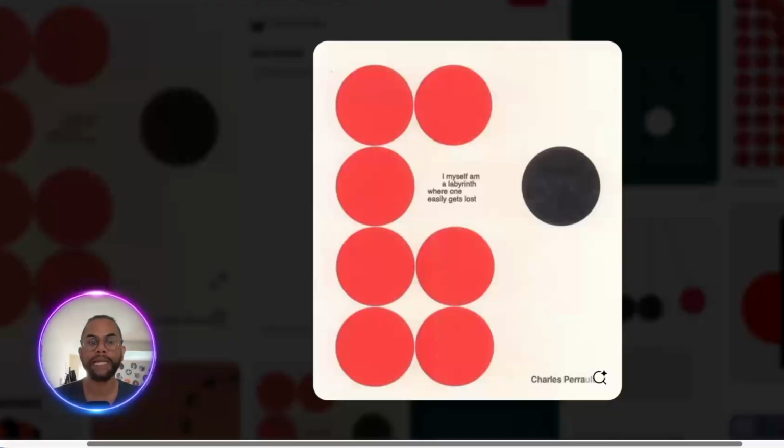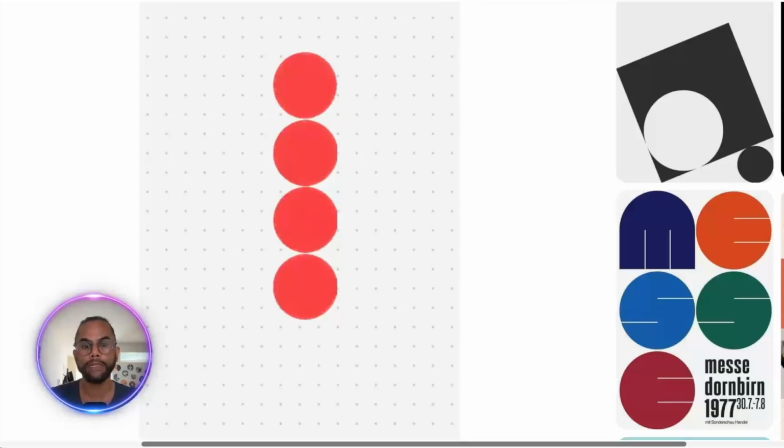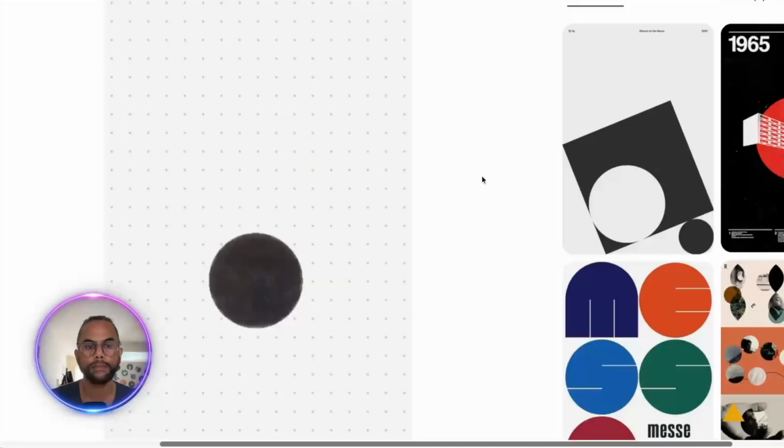For me, my eyes traveled down the column of red circles, and then it suddenly jumped to the black circle. And only then did I notice the actual text. And I don't think that's by accident. I think the designer is quietly leading our eyes through the page.